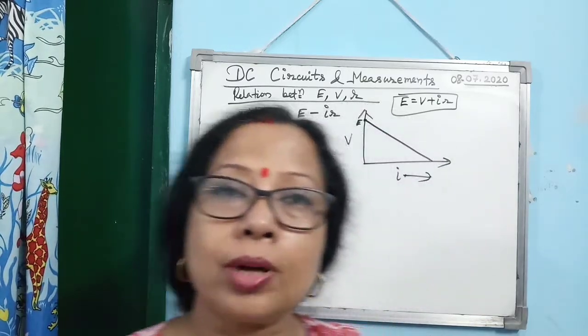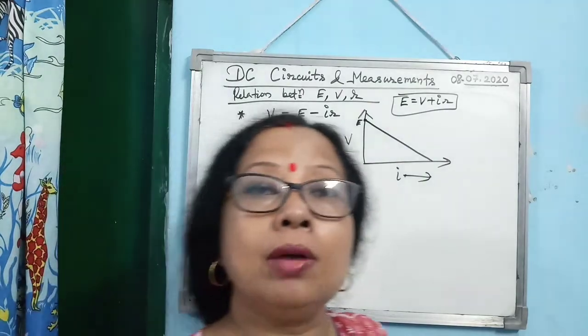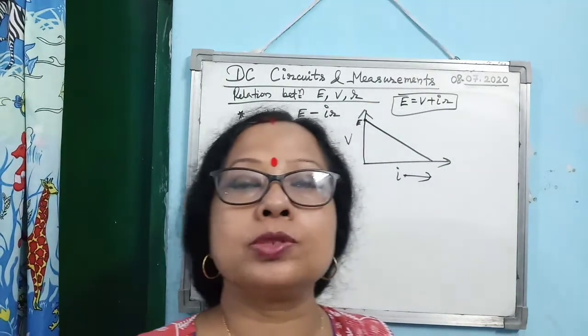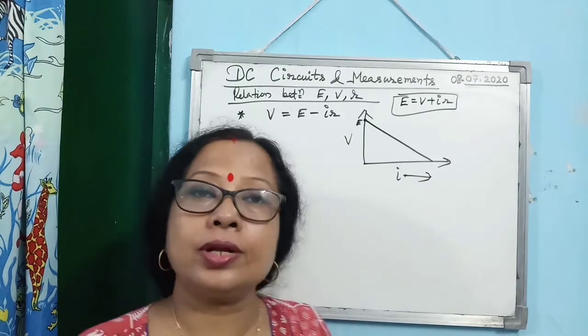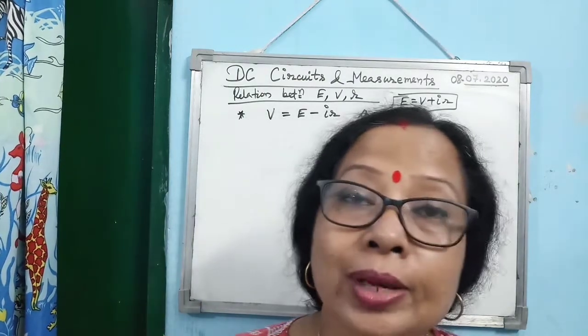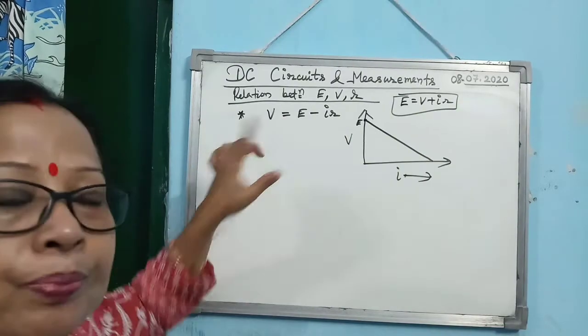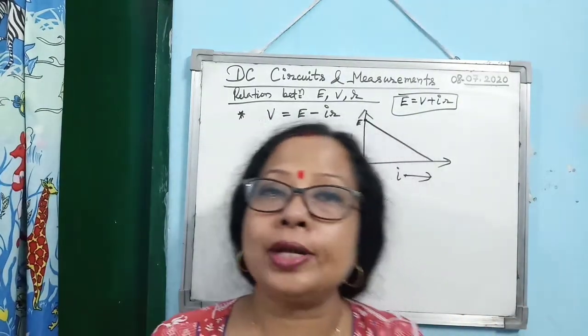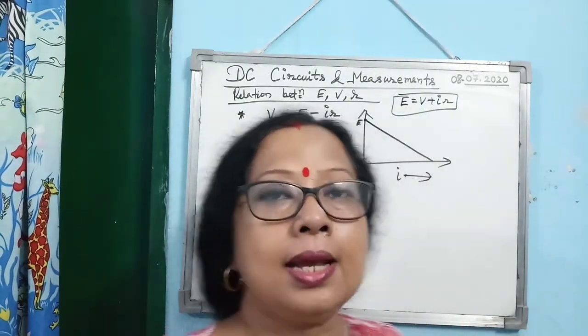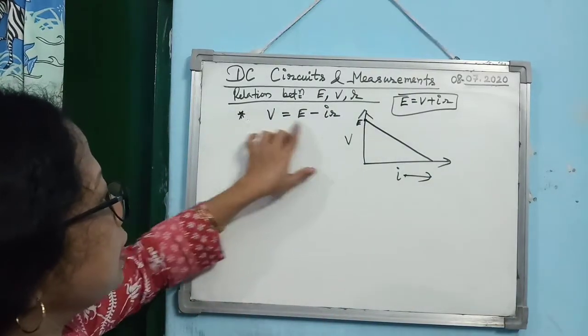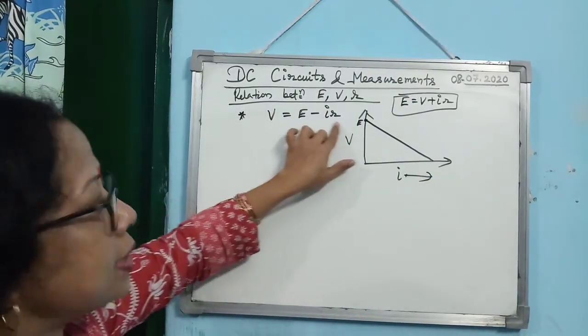V is proportional to I according to Ohm's law, but when we consider Ohm's law, V is the potential difference across the conductor through which current is passing. But in this case, V is the terminal potential difference across the cell, and it depends on current according to this relation.